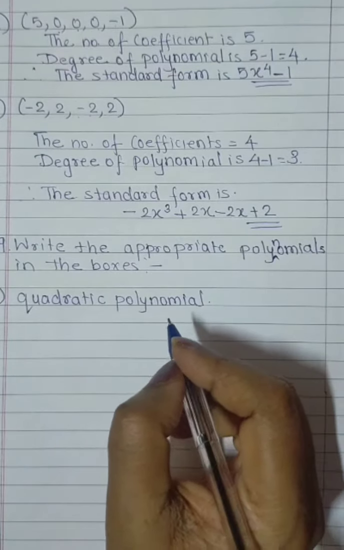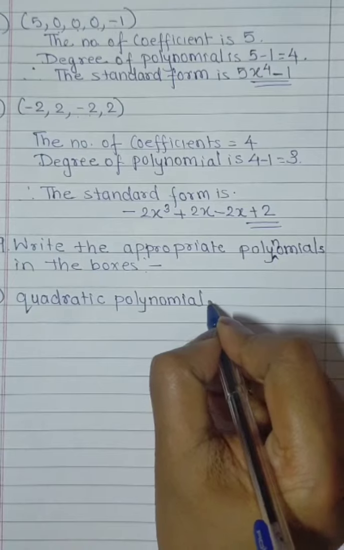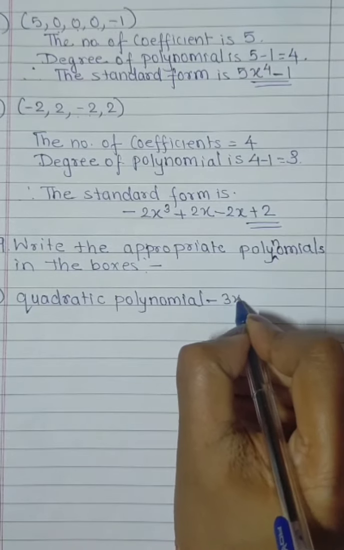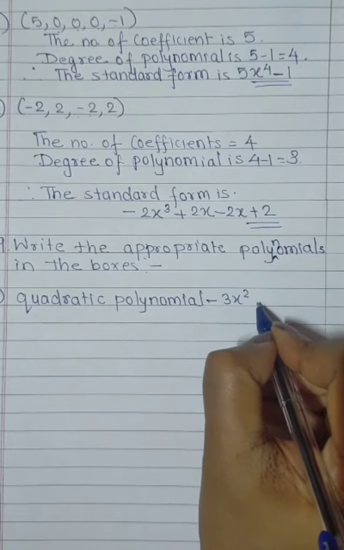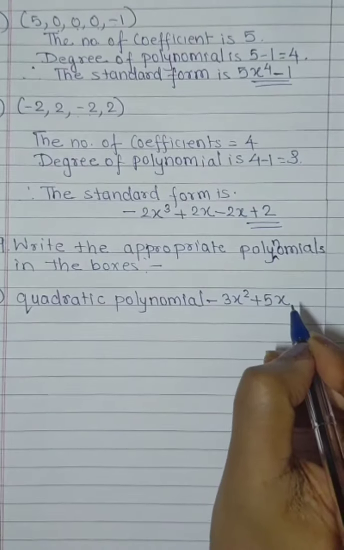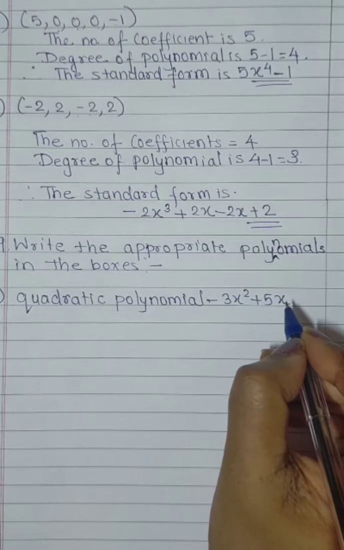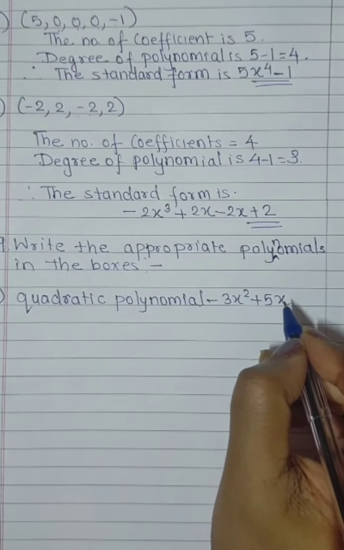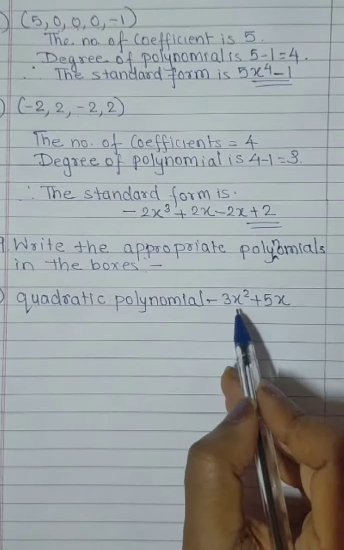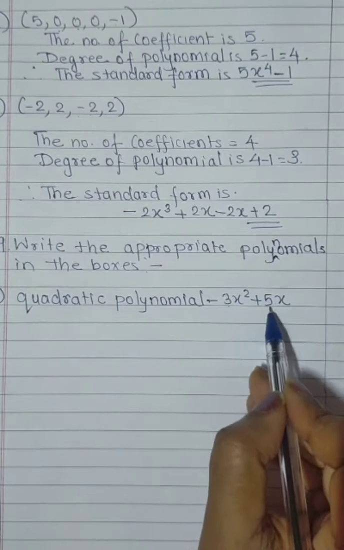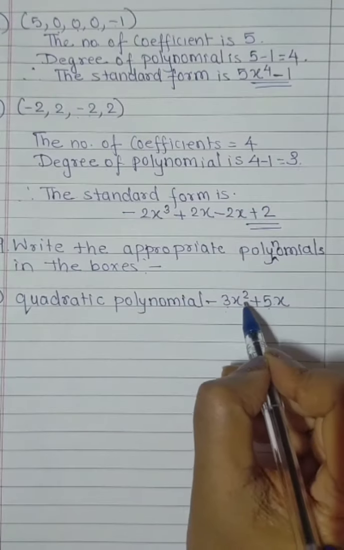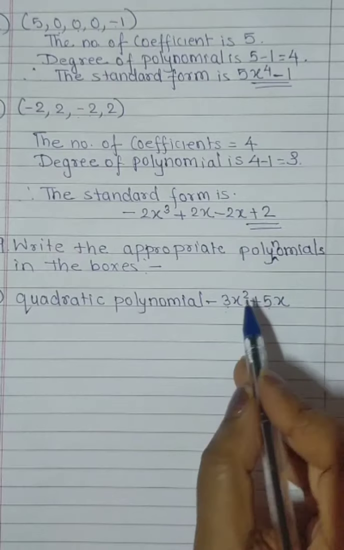So then this 3x² + 5x will come. Quadratic means the degree 2 is important here.